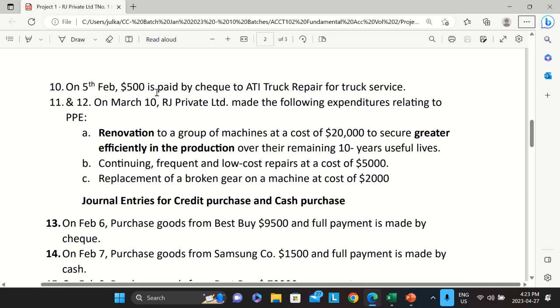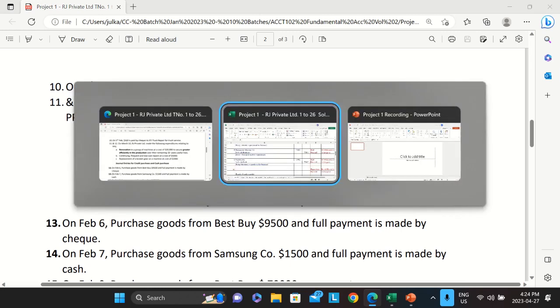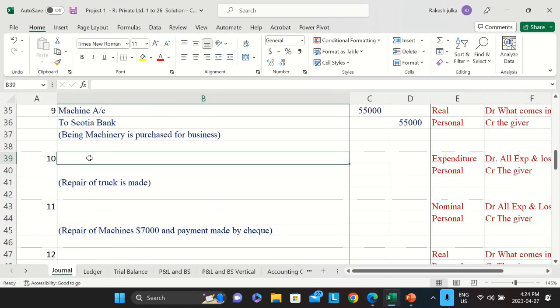On 5th of February, 500 is paid by check to ATI Truck Repair for the truck services. It means these are the general expenses. So for these expenses, we can say repair and maintenance expenses. So repair and maintenance account debit to Scotia Bank, $500 that I'm just putting out here. So I'm just going to write repair and maintenance, $500 here.